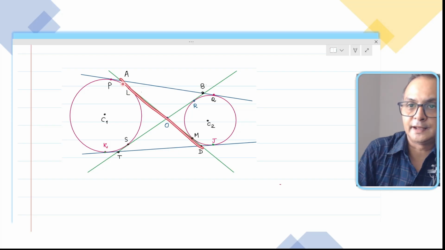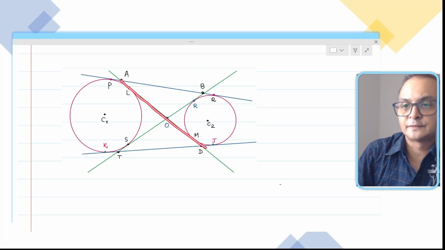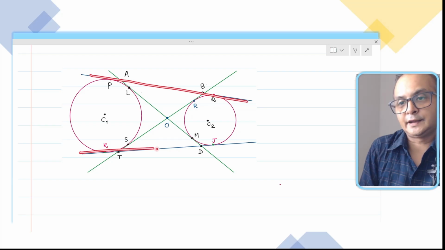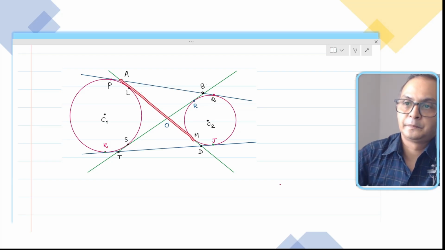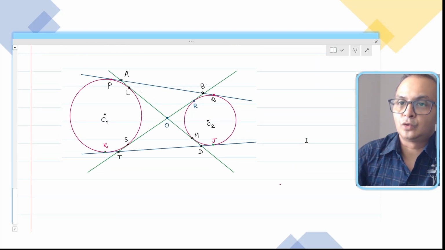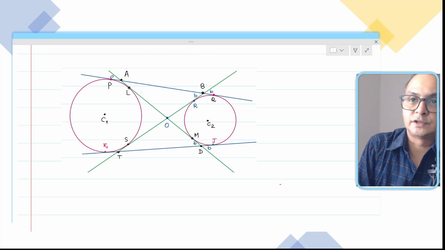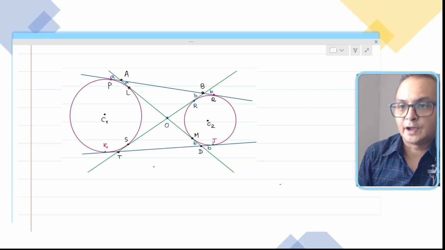You can notice this is one transverse common tangent, and the intercept on that is made by these direct common tangents. So basically you have to find out the length AD. Okay, so what we understood, that this length was, I assumed B, this is B, so in that way this is also B, this is also B, and this is A, this is A.